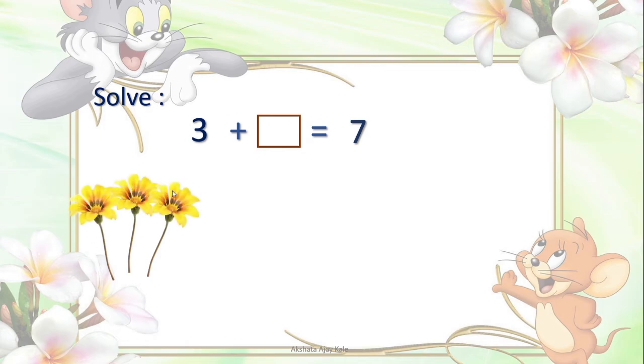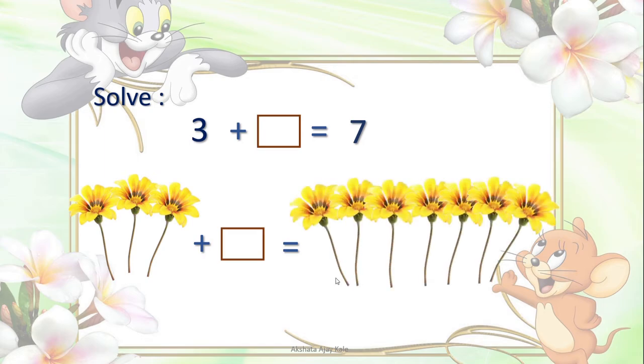Okay, see here 3 flowers plus box. We don't know how many flowers should be there. Okay, is equal to how many flowers? What is the answer given? 7. So we will draw here 7 flowers. Okay, see here 1, 2, 3, 4, 5, 6, 7.